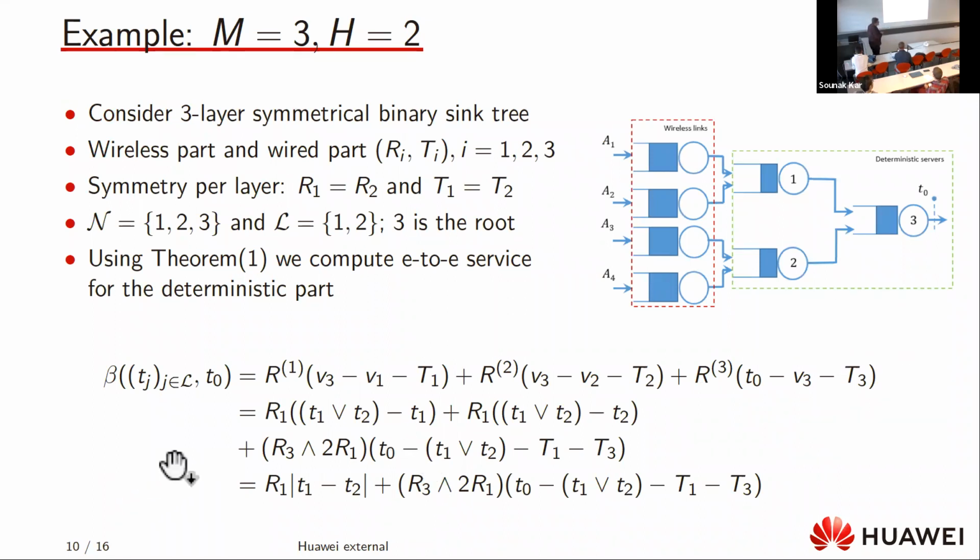Okay. Now let's take a simple example and see how this can be applied. I'm taking this 3-layer symmetrical binary sink tree. Basically, this is the deterministic part, and this is the wireless link, which is the stochastic part. So 1 and 2 will be in L, 1, 2 and 3 will be in N, right?